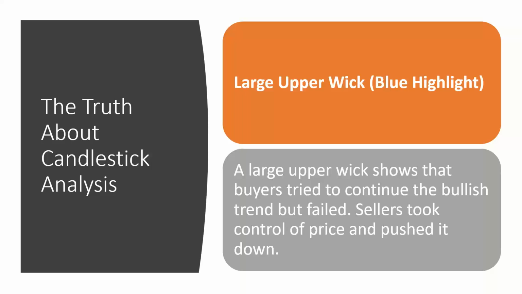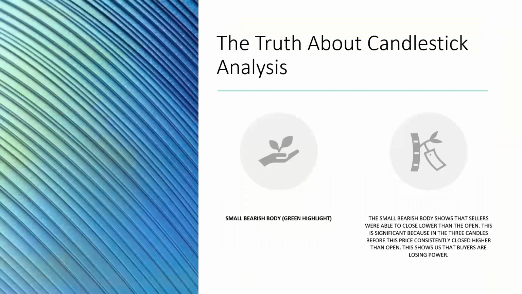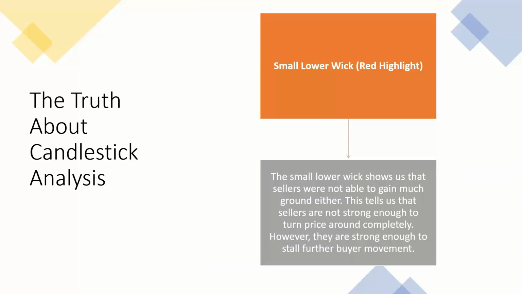The large upper wick shows that the buyers tried to continue the bullish price but failed. Sellers took control of the price and pushed it down. The small bearish body shows that the sellers were able to close slightly lower than the open. This is significant because in the three candles before, the price consistently closed higher than the open.